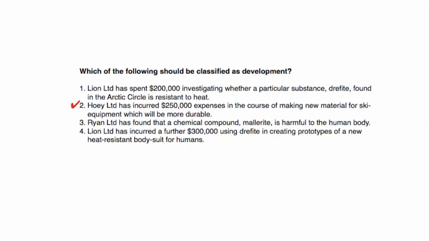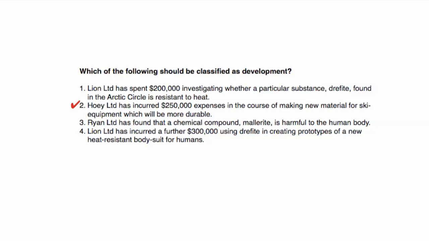And Lion Limited has incurred a further 300,000 using graphite, so that's our material from number 1, which was research, in creating prototypes of a new heat-resistant bodysuit for humans. So actually, they've now gone on. They had done some research to see if it's resistant to heat.